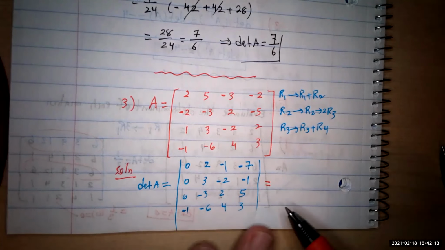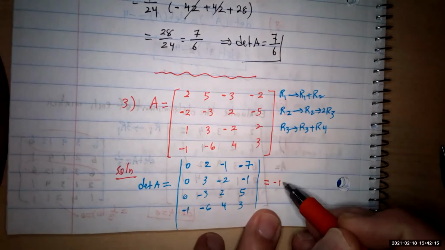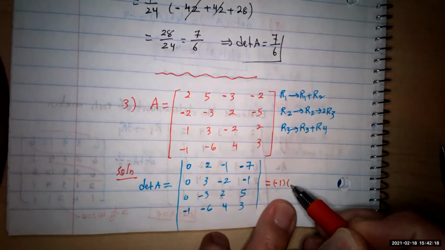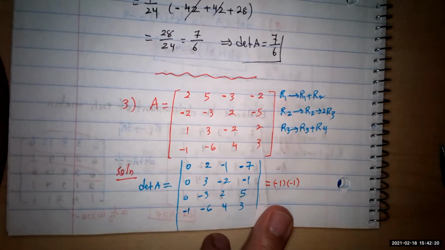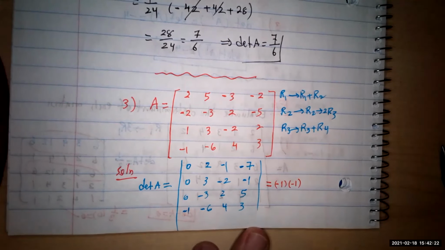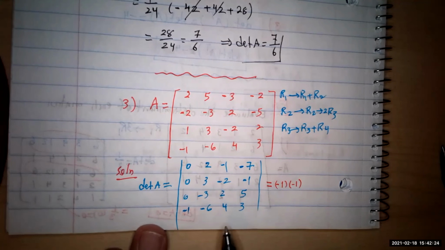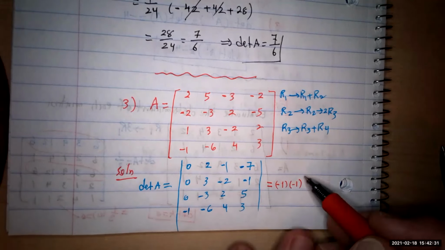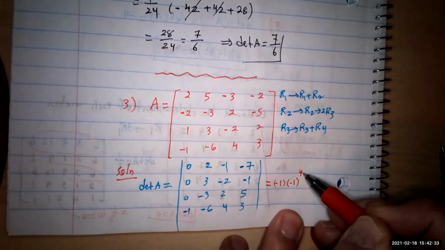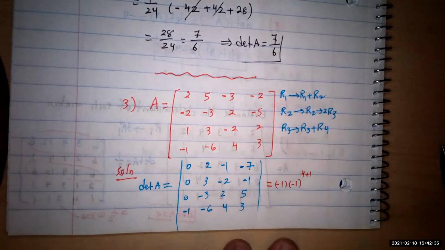So the entry is -1. The sign, remember, is -1 to the i plus j. Where are we? We are on the fourth row, first column, so it's 4 plus 1. To make sure you get these positive numbers right.